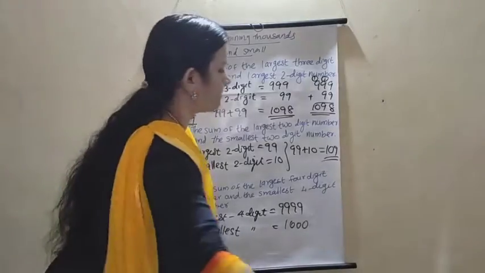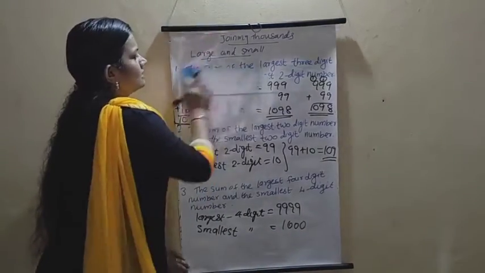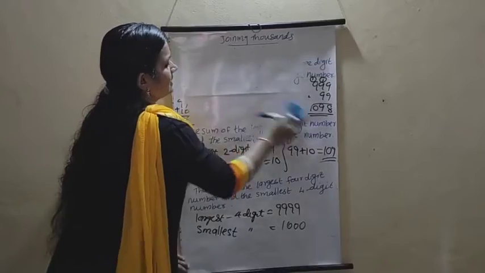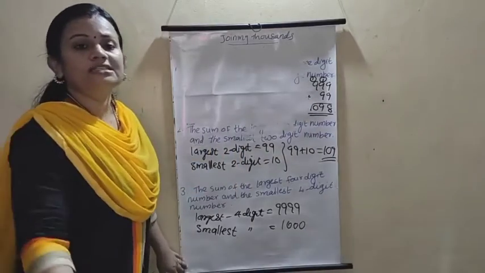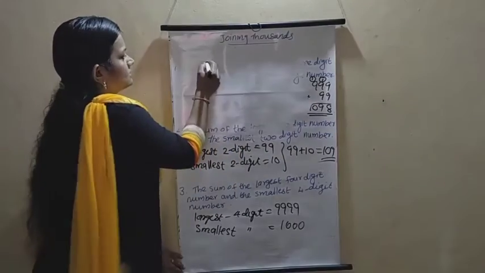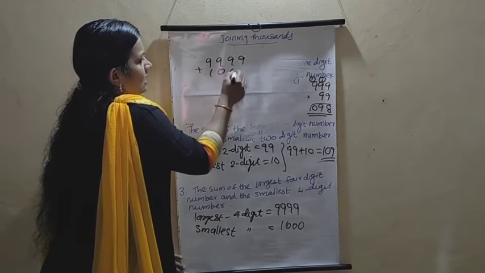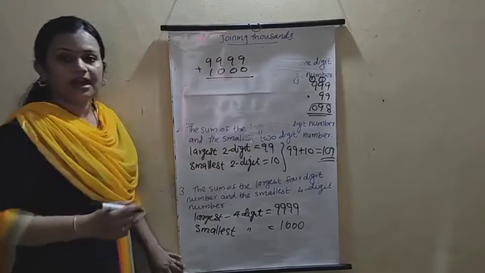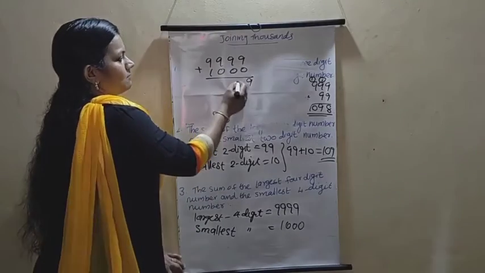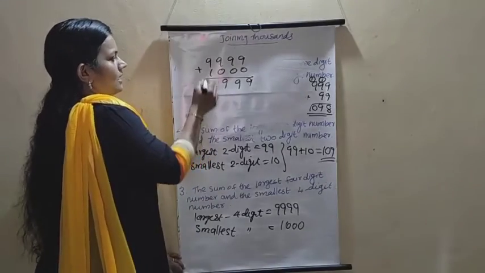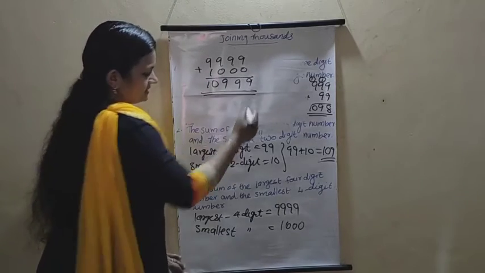Then add these two numbers. 9999 plus 1000. What is the answer? 9 plus 0, 9. 9 plus 0, 9. 9 plus 0, 9. 9 plus 1, 10. Then what is the answer?